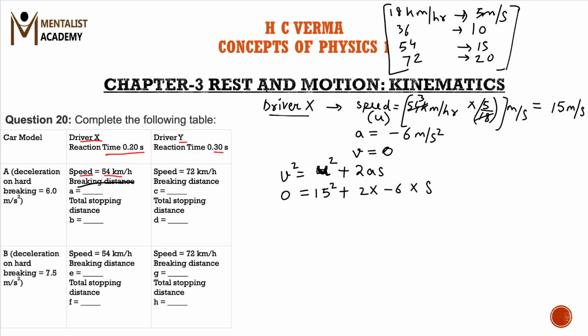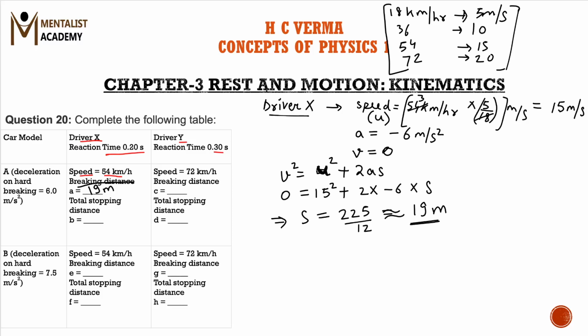If we solve this equation, s would come out to be 225 divided by 12, which will be approximately equal to 19 meters. So the braking distance would be equal to 19 meters.